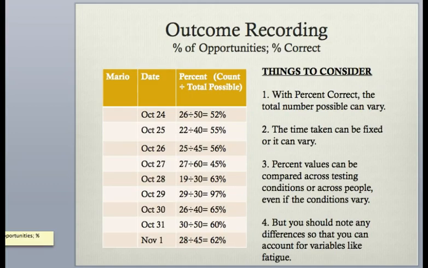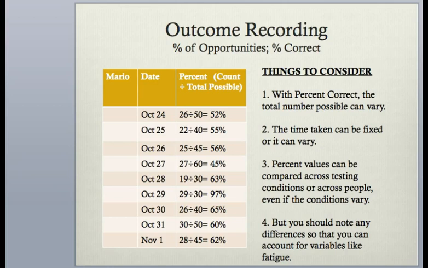So again, you see this again. We have outcome recording, we have percent of opportunities or percent correct, and here percent correct, the total number can vary, the time taken can be fixed or variable, so how long you have to take the test. But now we're really talking about performance on an assessment measure. We're not actually looking at the behavior itself.